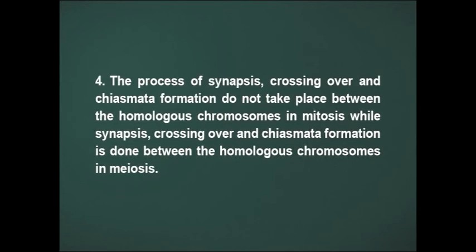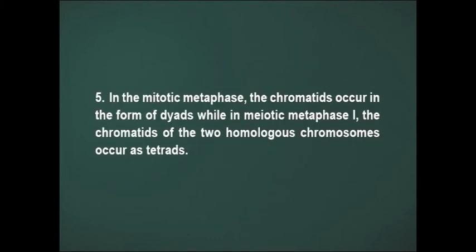Number 4. The processes of synapsis, crossing over, and chiasmata formation do not take place between the homologous chromosomes in mitosis, while synapsis, crossing over, and chiasmata formation occur between the homologous chromosomes in meiosis. Number 5. In the mitotic metaphase, the chromatids occur in the form of dyads, while in meiotic metaphase 1, the chromatids of the 2 homologous chromosomes occur as tetrads.